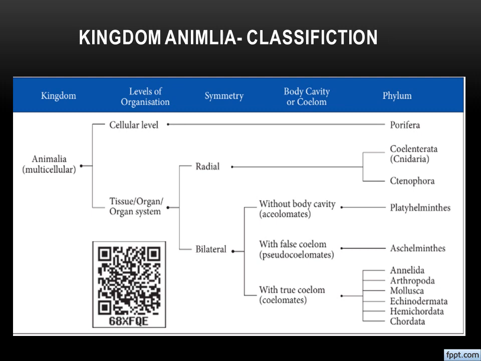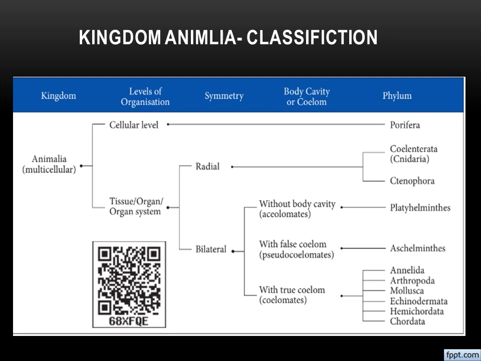Acoelomate is present in the phylum Platyhelminthes. Pseudocoelomate is present in the phylum Aschelminthes, for example roundworms. Then the true coelom, or eucoelomates, belongs to all the other phyla: Annelida, Arthropoda, Mollusca, Echinodermata, Hemichordata as well as Chordata. Understand? This is one outline of the classification of Kingdom Animalia.